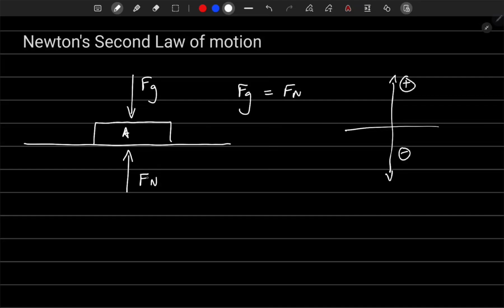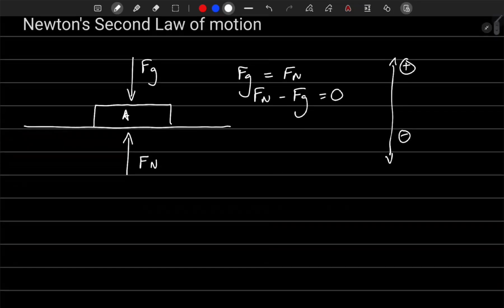So in this particular case, our normal force is the positive one and the force of gravity is negative. If we solve the equation, I can take Fg to the other side and say the normal force minus the gravitational force balance out to equal 0. So this is all that is happening here: a force of gravity facing downwards and a normal force facing upwards.